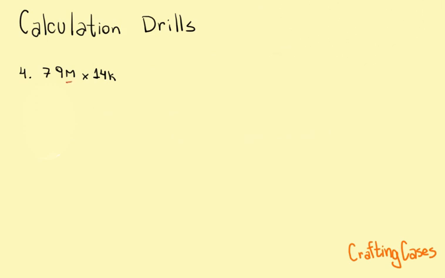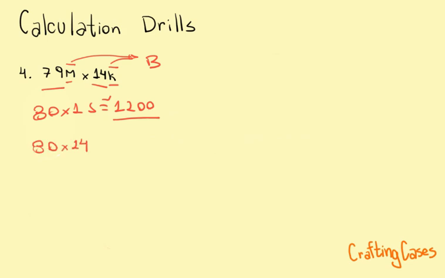79 million times 14,000. First thing I want to do is get rid of this bunch of zeros. If we merge them, we get a B, stands for billion. First step here, next step here, 80 times 15, 1,200. So it's going to be something close to 1,200, slightly below. Now what I want to do, 80 times 14 minus 14, okay? 80 times 4, 320, 80 times 10, 800.